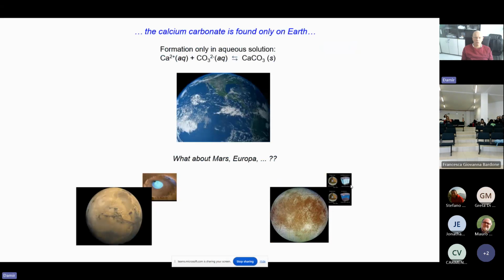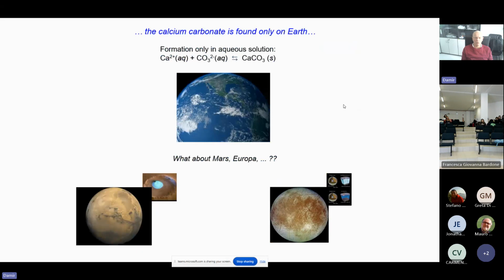It is also good to know that calcium carbonate can be produced only in aqueous solution by precipitation reaction of calcium and carbonate ions. So calcium carbonate is actually found only on Earth. But the question is, what about other objects, other planets like Mars or Jupiter, the Moon, Europa actually.